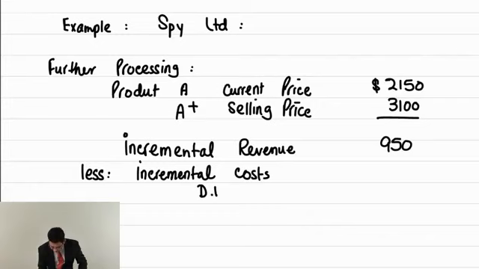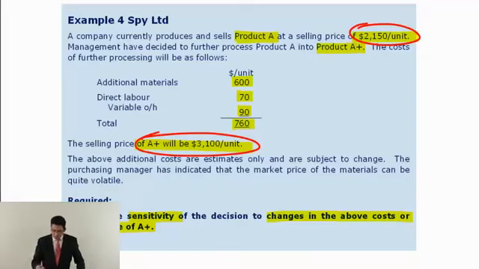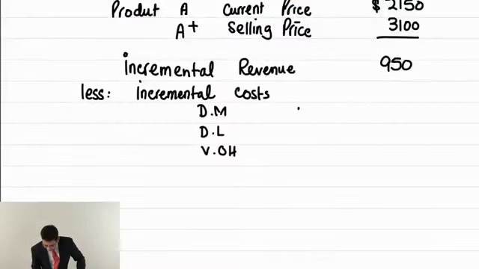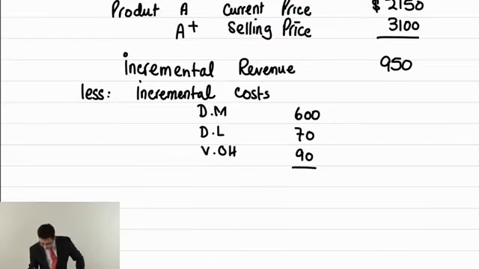So direct materials, direct labor and variable overheads in short. 670 and 90, and in total it is 760.